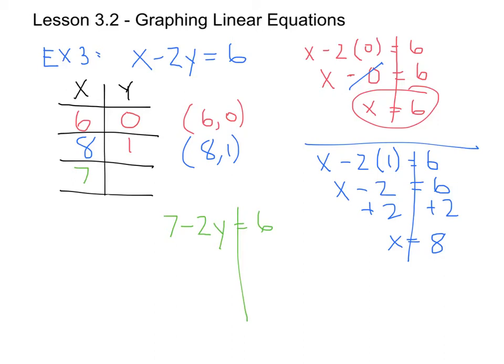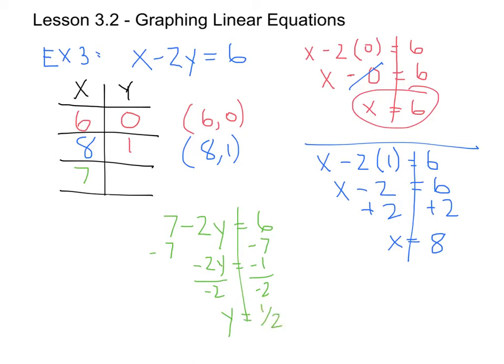So I would go minus 7, negative 2y equals negative 1. Divide by negative 2, divide by negative 2, y equals 1/2.